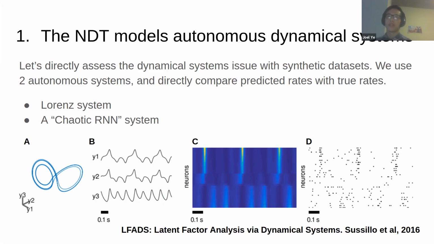We have 3 dimensions of variation forming the butterfly figure in the Lorenz equations. And these 3 variables can be projected upwards from figure B to figure C into a firing rate matrix of neurons against time. And then this firing rate matrix can simply be sampled according to, for example, a Poisson distribution to make our actual synthetic spiking activity.